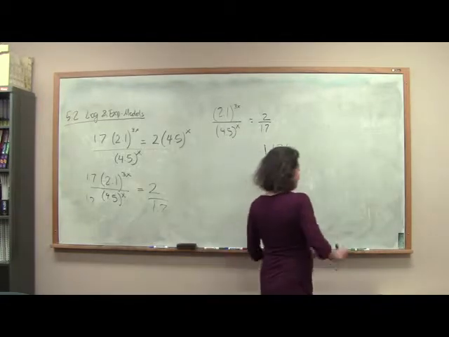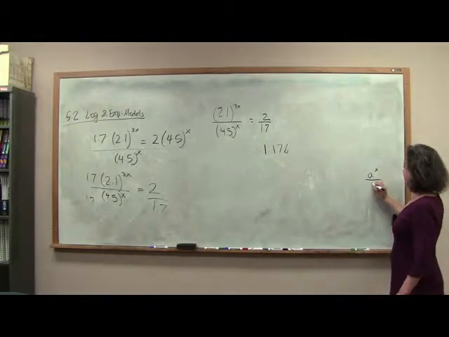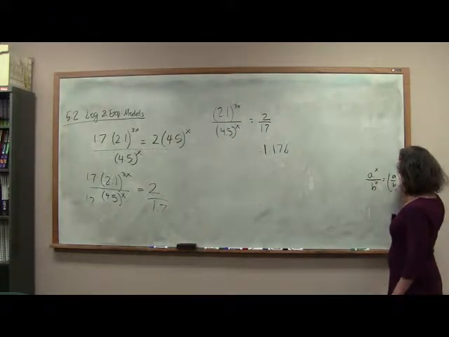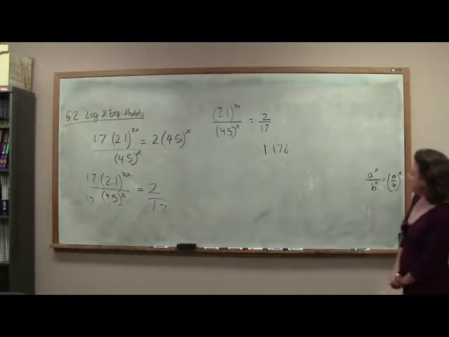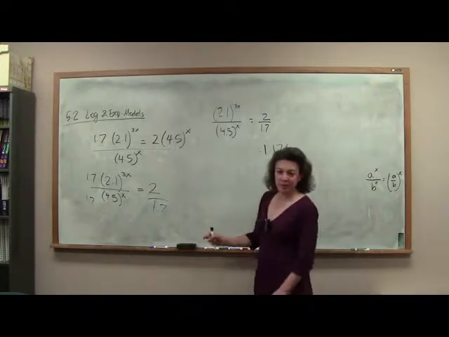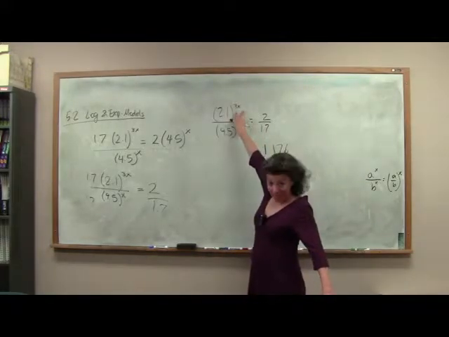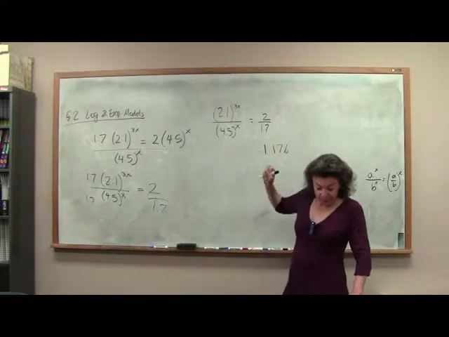Well, recall for our properties of exponents, if you have a to the x over b to the x, you can write that as a over b to the x. The only issue that's going on here that makes this one look even worse is the fact that we have a 3x power here and an x power here.